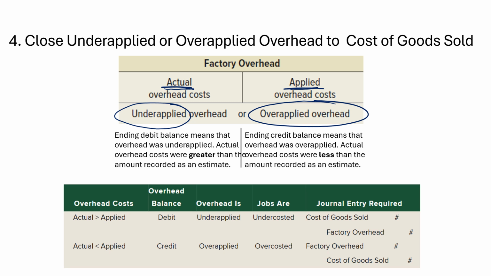So whether it's a debit or credit balance, to zero out the account, you have to do an entry for the opposite of that. And for these purposes, we are going to close factory overhead to the cost of goods sold account. So you can see the journal entry is going to be one way or the other.